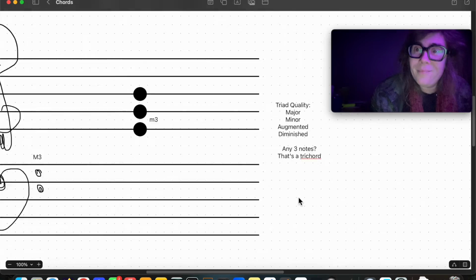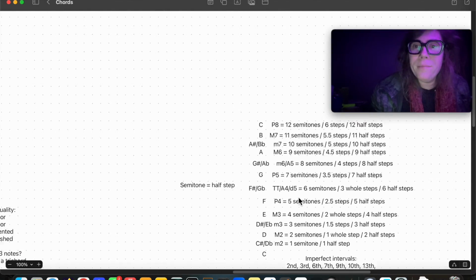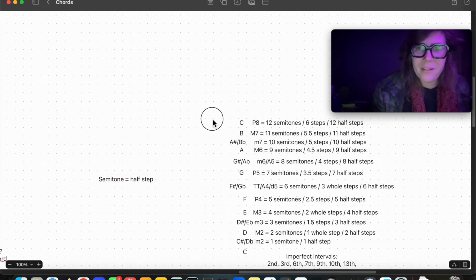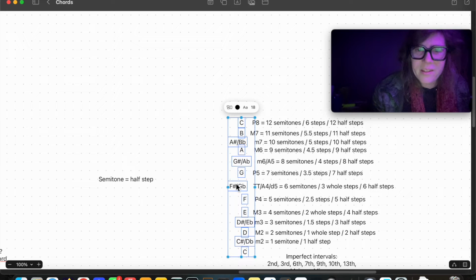G to B. Look over here. Well, this is a little funny because it's in relation to C. Could I retype this to have different letters? Sure I could. You know what? Let's do it. Watch this.